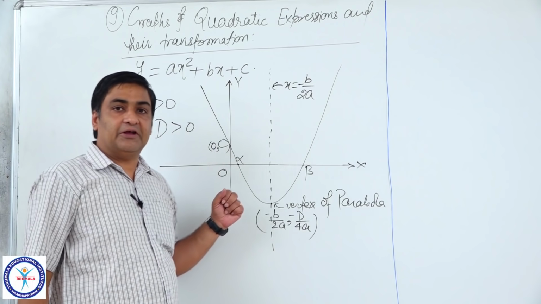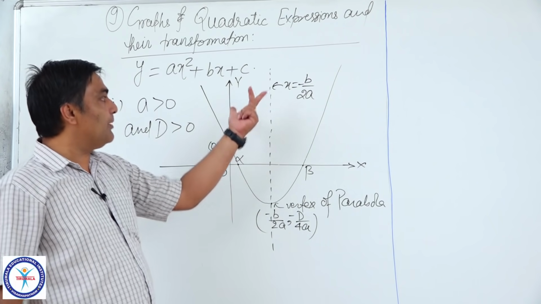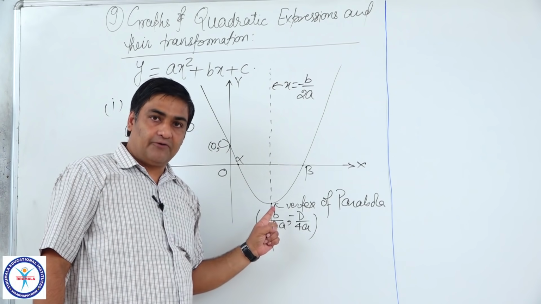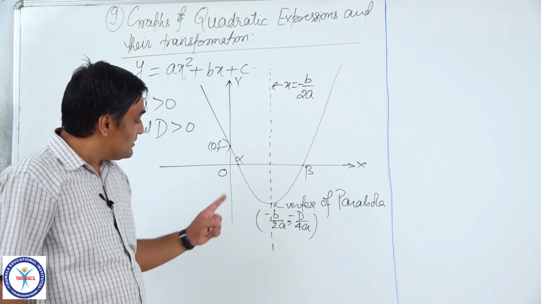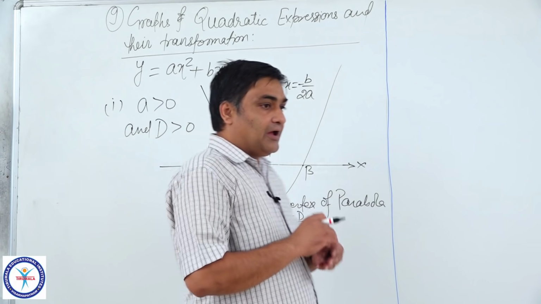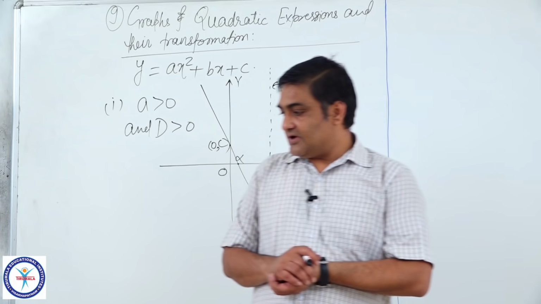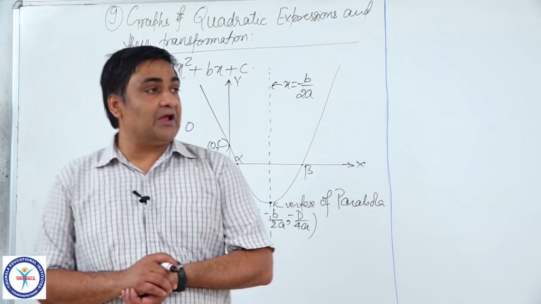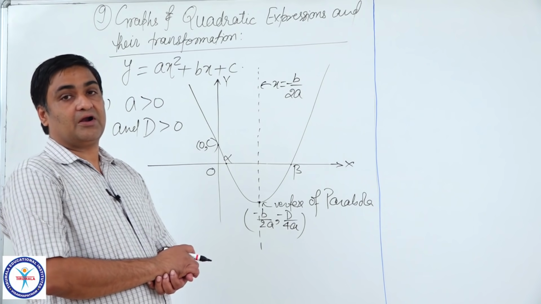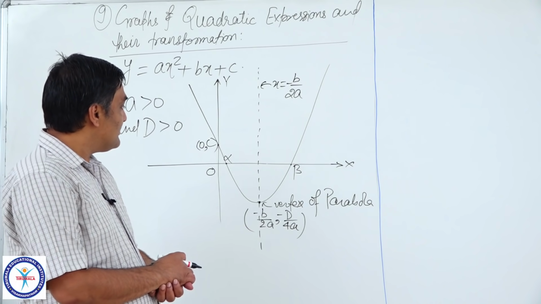The graph is symmetrical about this line. This is called the axis of the parabola. This is called the vertex.